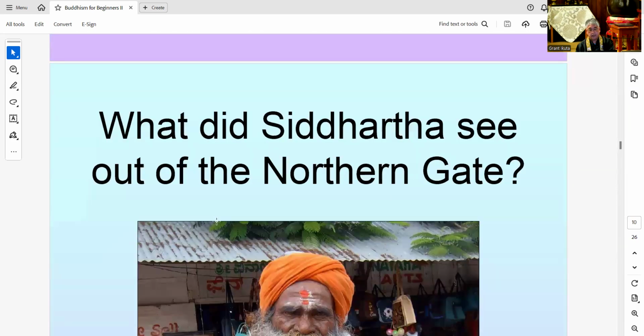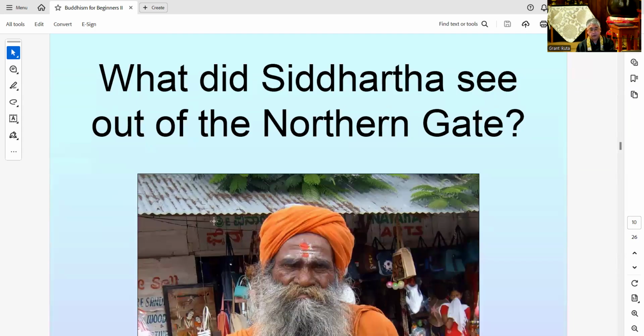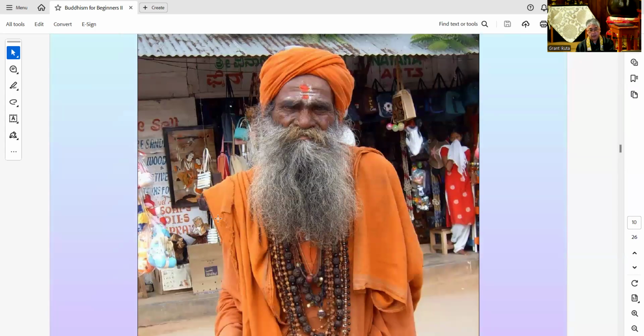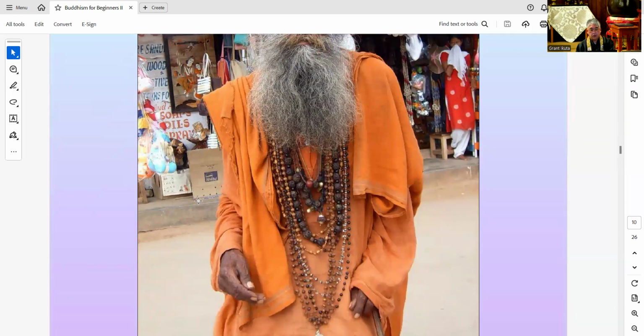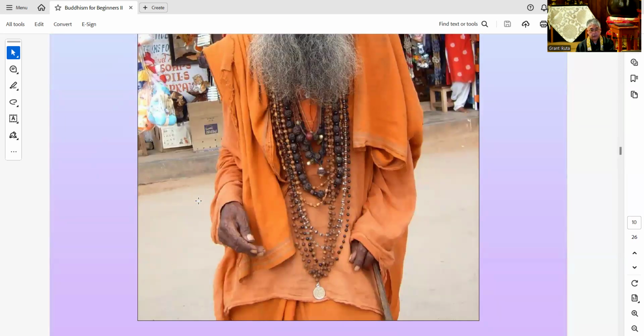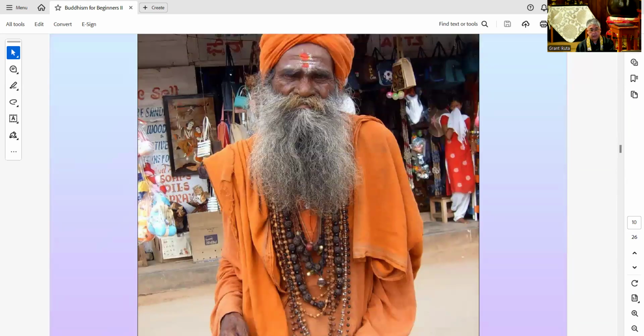And on the fourth occasion, he goes out the northern gate and he comes across a yogi, a mendicant, who has very few possessions, just the robes that he's wearing. And yet he had an aura of peace around him. And so he asks, well, what form of being is that?